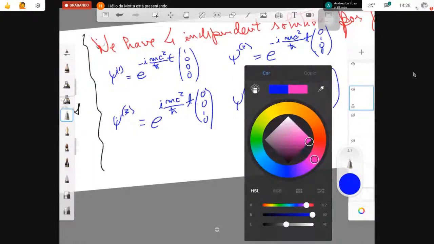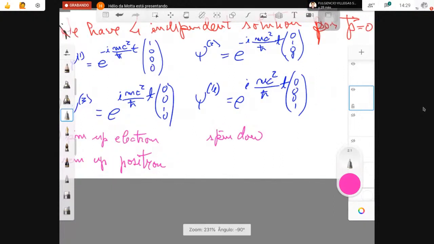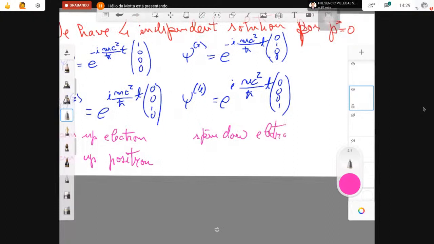spin up electron, positron, spin down electron, and spin down positron.